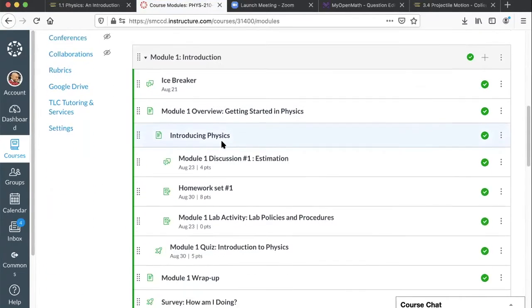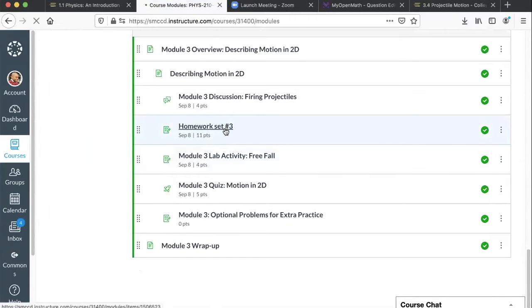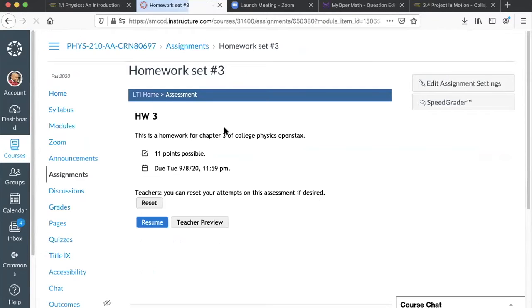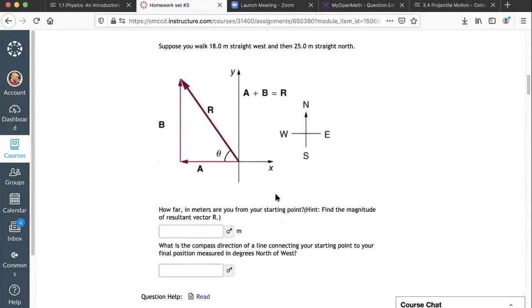So if we look at homework set number 3, and then we go to our preview here.